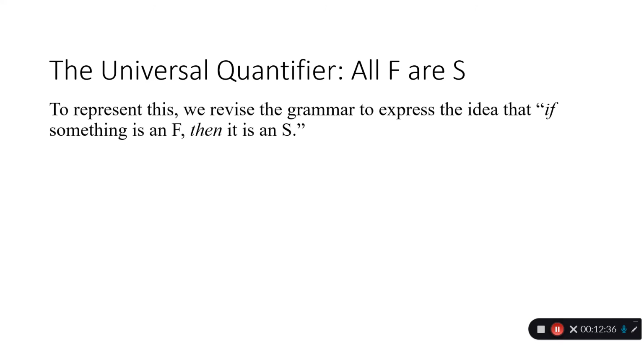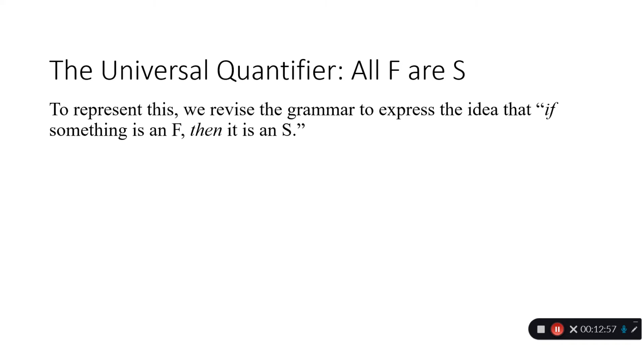To represent this, let's revise the grammar to express the idea that if something is an F, then it is an S. That is to say, the statement all F are S, all fish are swimmers, you can say in a different way. You can say, if something is a fish, then it is a swimmer.